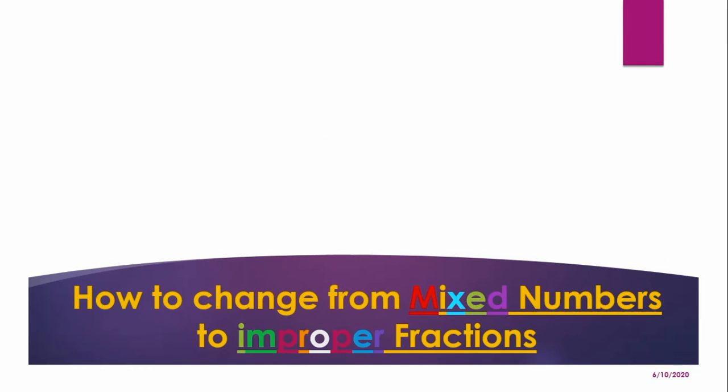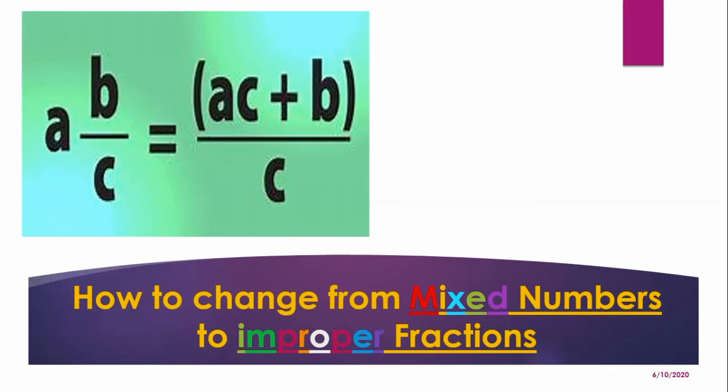How to change from mixed numbers to improper fractions? Now we have a rule, a mixed number a and b over c. If we want to change from a mixed number into improper fraction, we have to multiply a times c and add to them b over the same denominator.